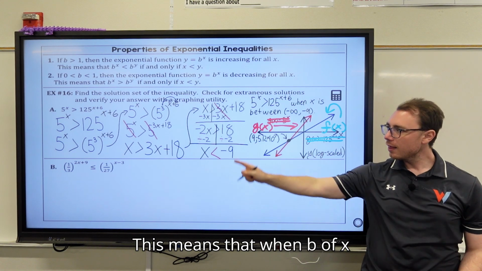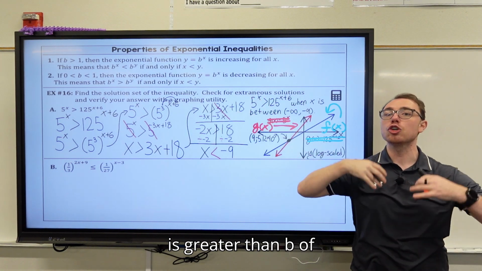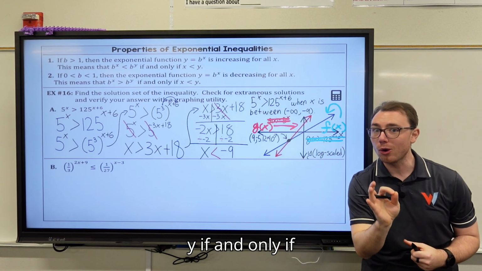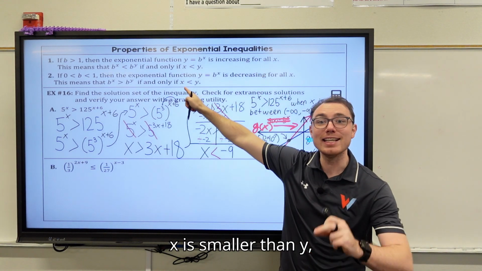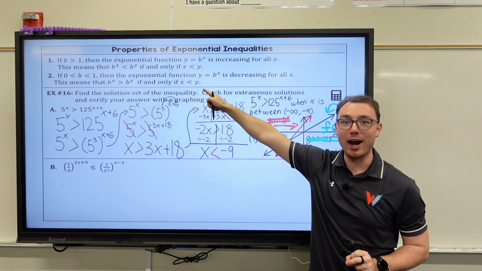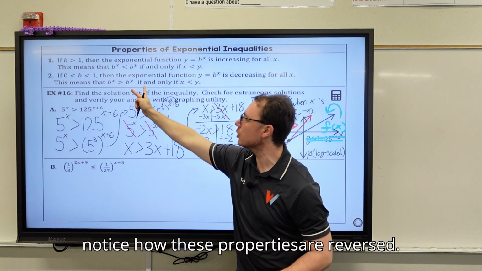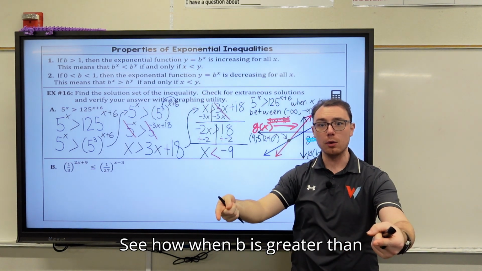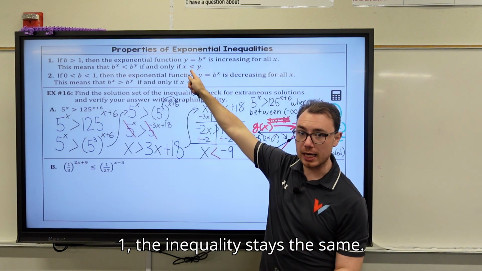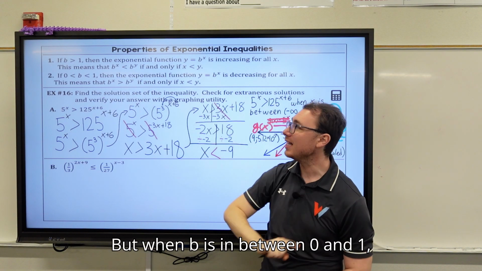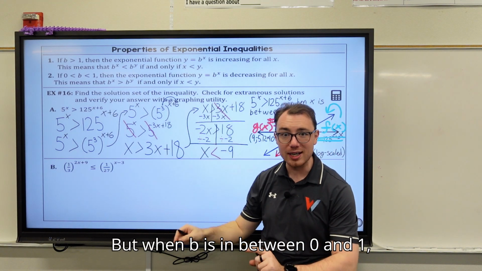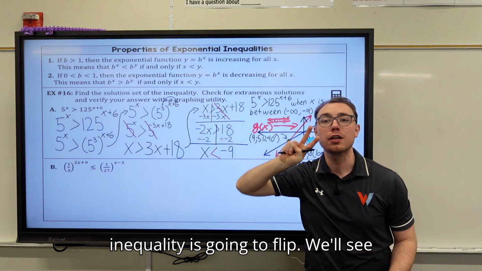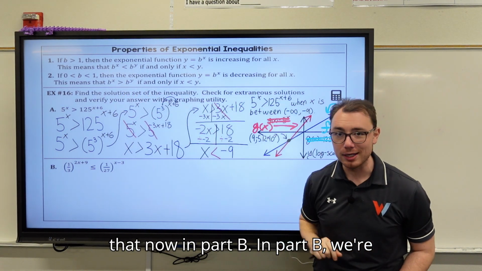This means that b to the x is greater than b to the y if and only if x is smaller than y. Notice how these properties are reversed. See how when b is greater than 1, the inequality stays the same. But when b is in between 0 and 1, it's a decaying function, so the inequality is going to flip. We'll see that now in part b.